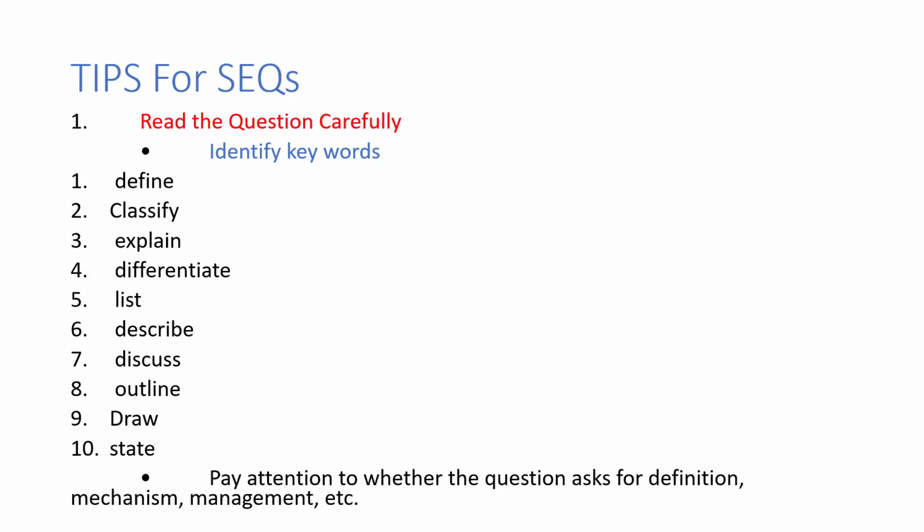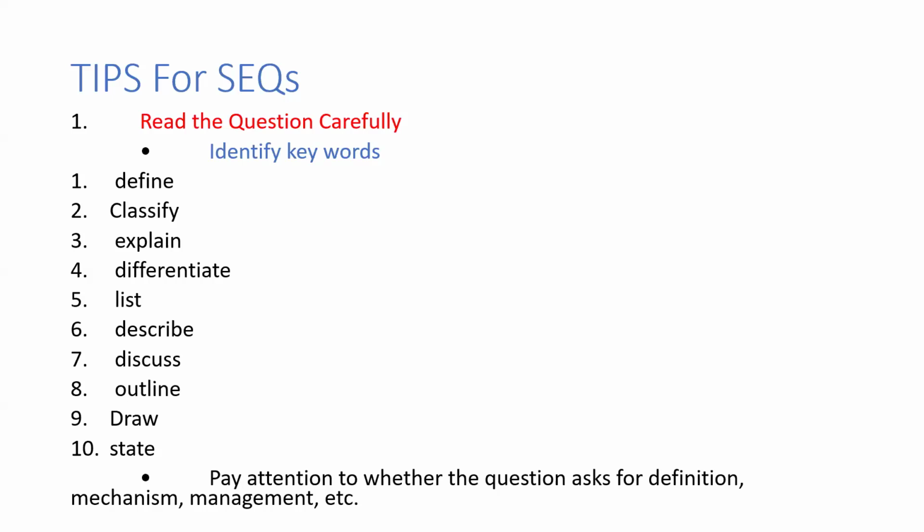So if they ask you to list, and you write it as a paragraph, a big part of your answer paper, you will get the marks, but the time is the problem.